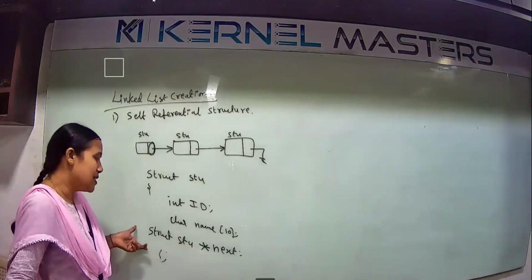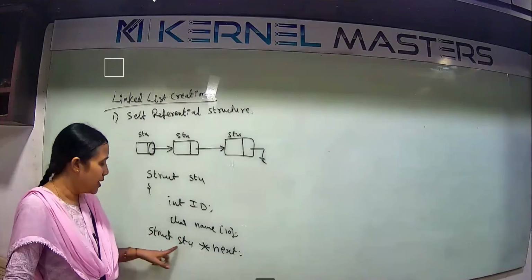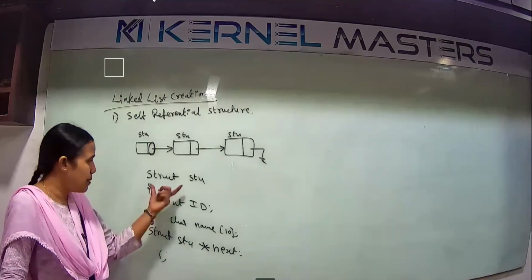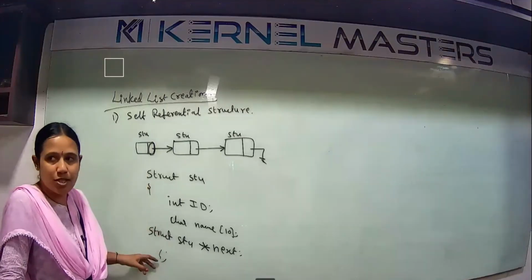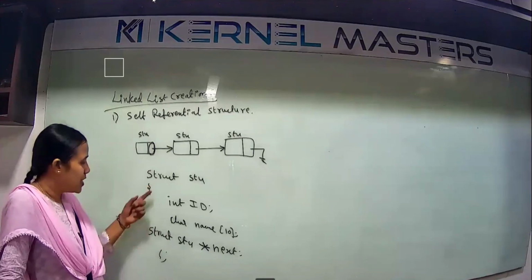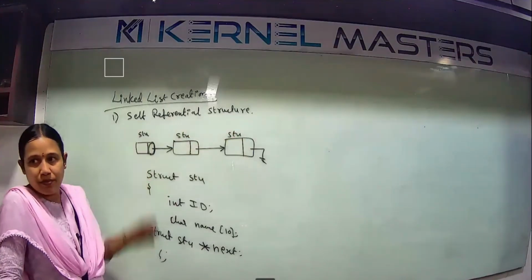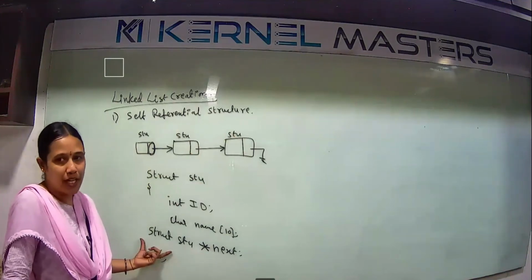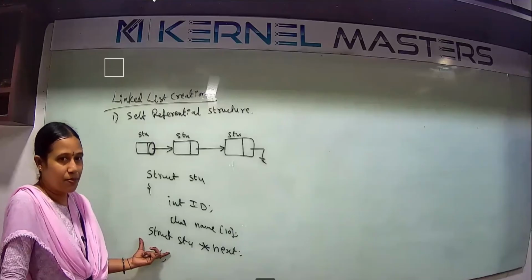But the first time we are seeing a structure with a member as a pointer to its own data type. While creating the data type, I am also using the data type inside the same structure. Right? So this kind of structure is called a self-referential structure. A structure with a pointer member of its own data type is called a self-referential structure.